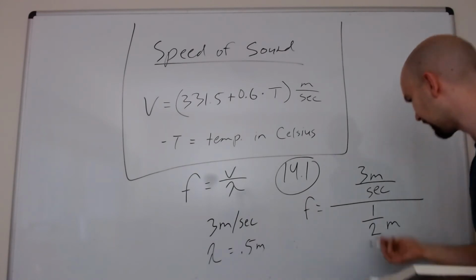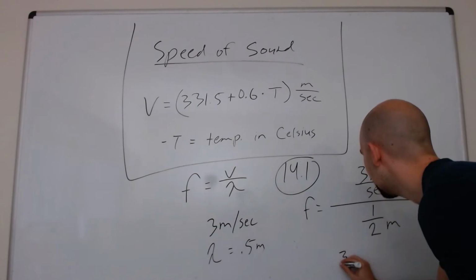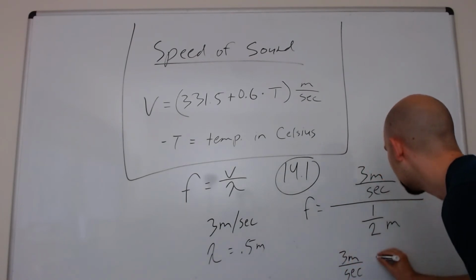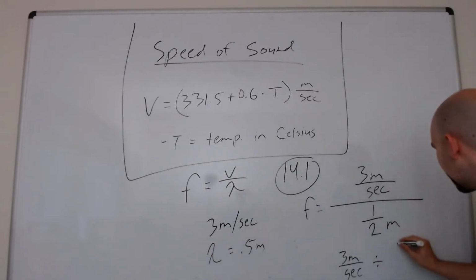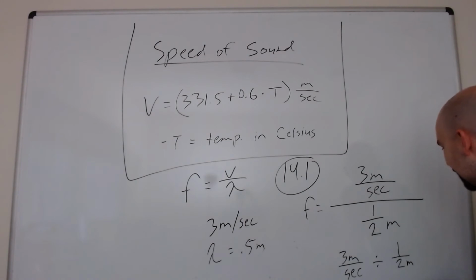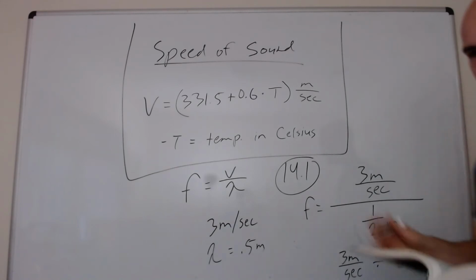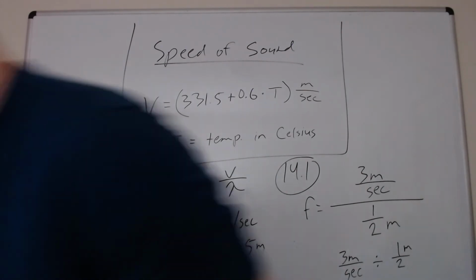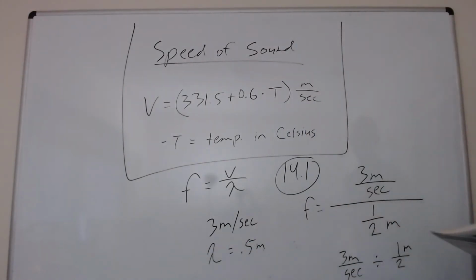I could rewrite this as 3 meters per second divided by 1 over 2 meters. Sorry, I needed to put the meters in the numerator. 1 meter divided by 2, because it's 0.5 meters.